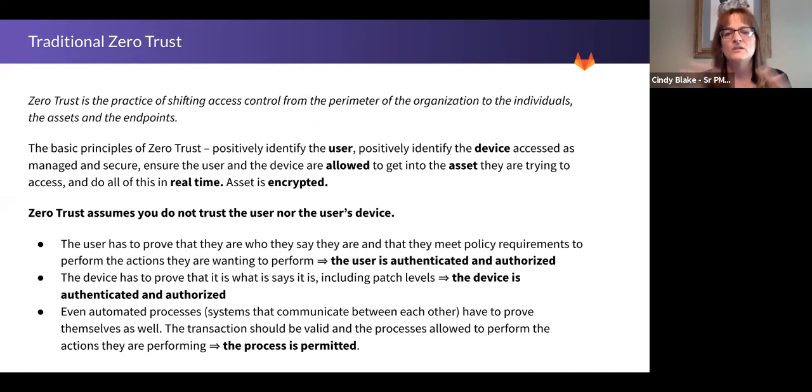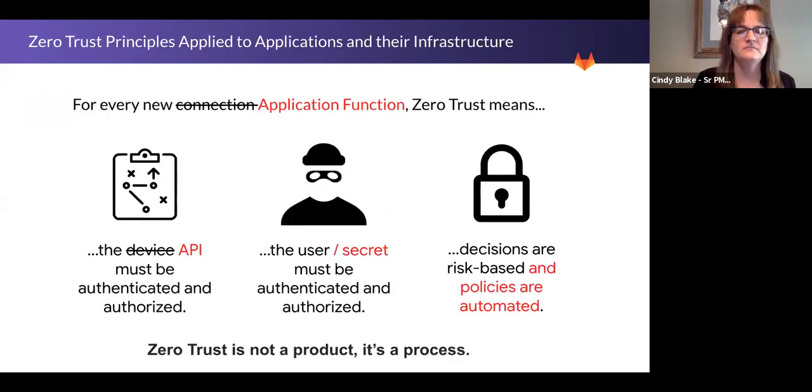And so all of those elements need to fall into this process. So you've got APIs, you've got secrets, all of these pieces get added on when you start looking at applications in terms of that zero trust mentality.